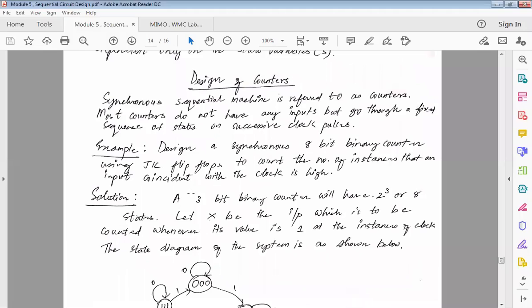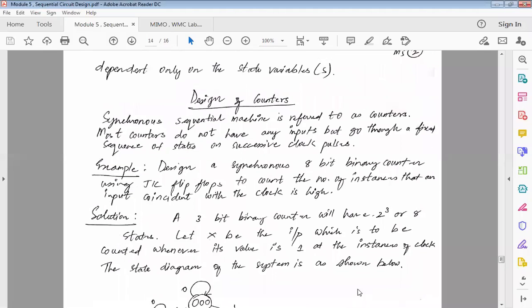Copy down the question, and instead of JK, make it SR. Copy this example, and we will look into it in the upcoming class. We'll see if it's right.